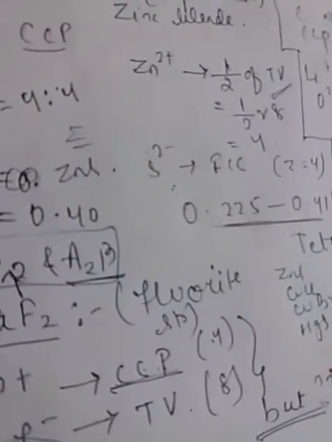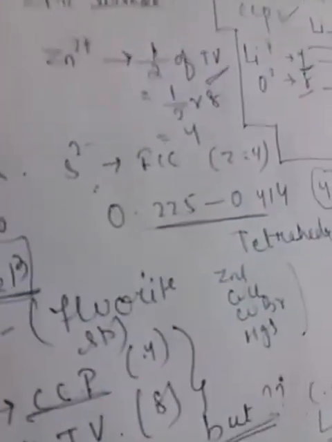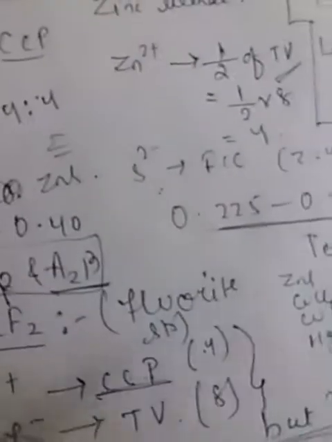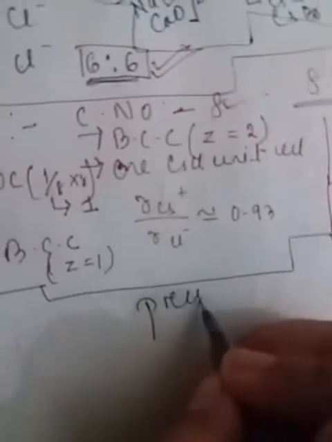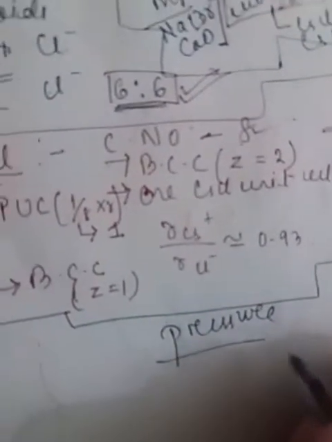Now we have completed the structure of ionic crystal arrangements. Now let's see a basic thing: the effect of pressure on crystal structure.